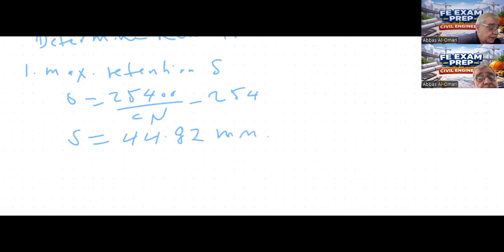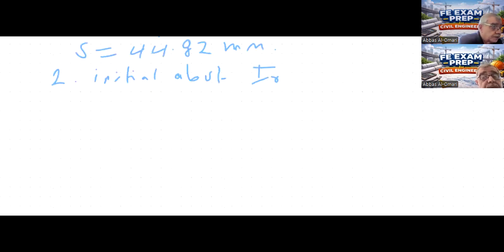After that, we calculate the initial abstraction, IA. There's a formula for IA, which equals 0.2S. That's a very well-known formula.